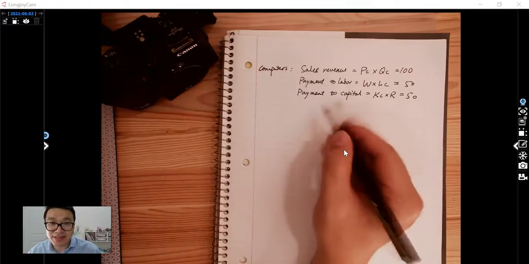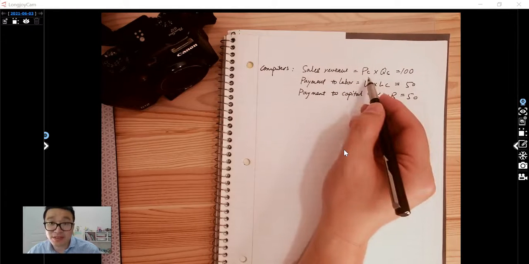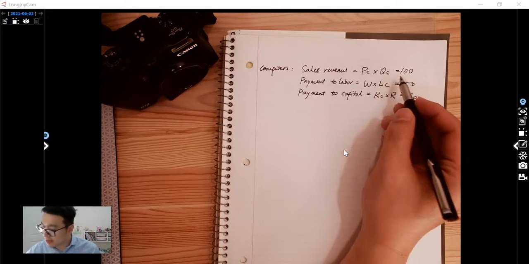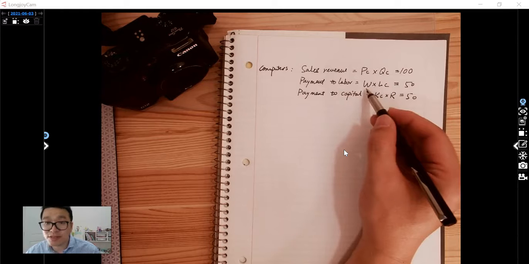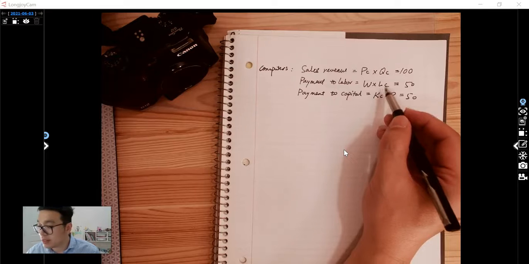As you can see here, I have already put down the computers industry. The sales revenue equals PC, which is the computer's price, times the quantity of computers being sold, equals $100. The payment to labor, if you need to hire workers to produce computers, is the workers' wage rate W for this country times how much labor is used in the computer industry, LC, which represents labor in the computer industry.